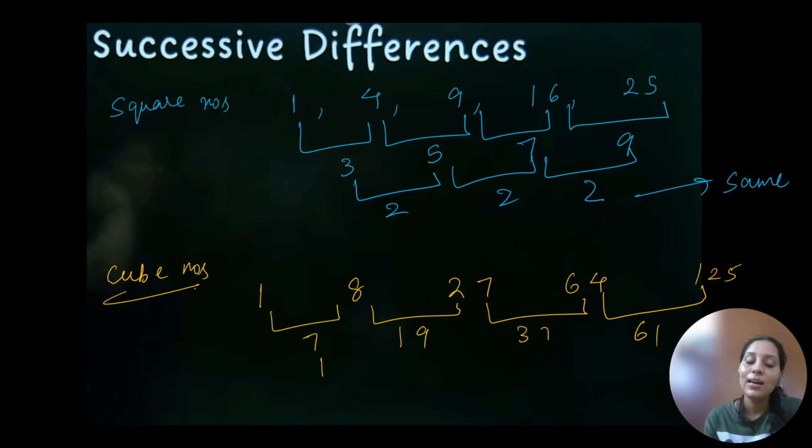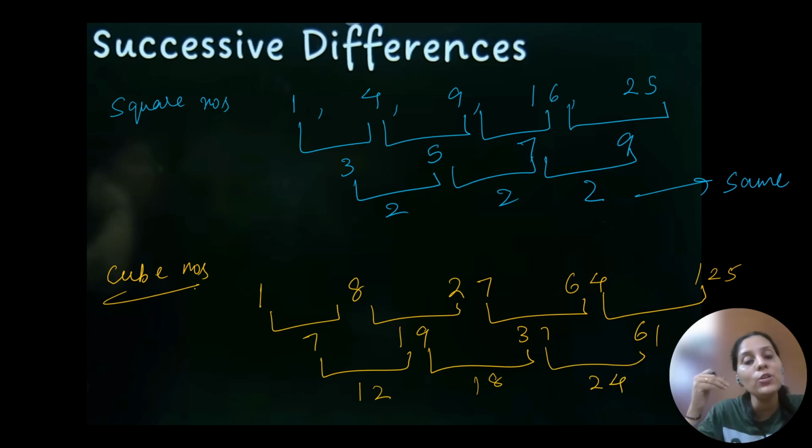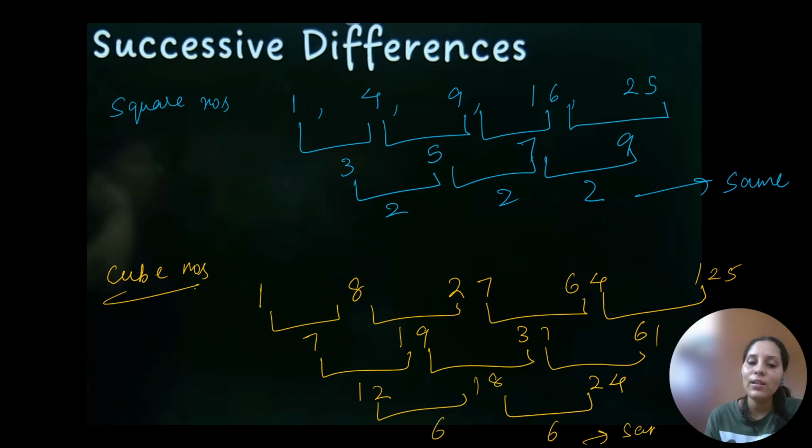Let's find the differences again: 12, 18, 24. See, it is not necessary that at level 2 your differences will be the same. It can take multiple levels, but at one level all the differences will be the same. Let's do it again: 6 and 6. At one level the differences come out to be the same. This happens with the square numbers and cube numbers.